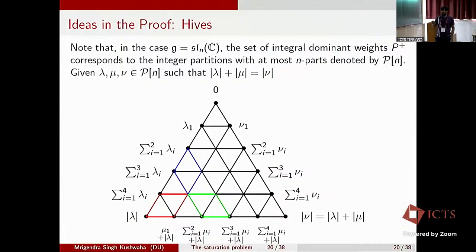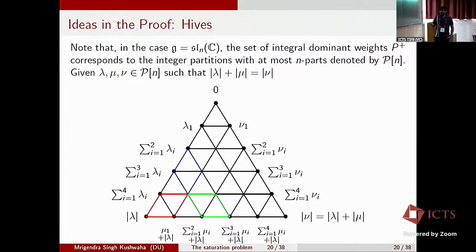Then Hives are this big Hive triangle with n plus 1 vertices. The left boundary is labeled by the partial sums of lambda, the bottom is labeled by the partial sums of mu plus the size of lambda, and the right boundary is labeled by the partial sums of nu. Between these I have to fill in real numbers with some conditions.